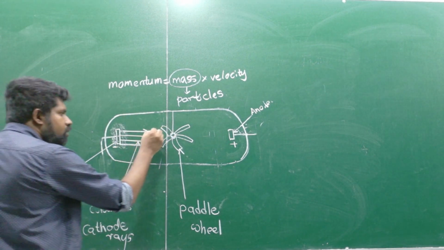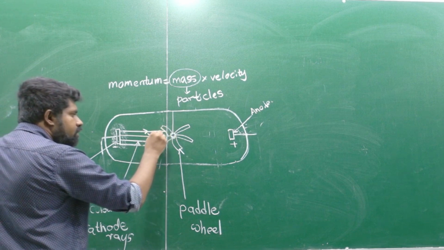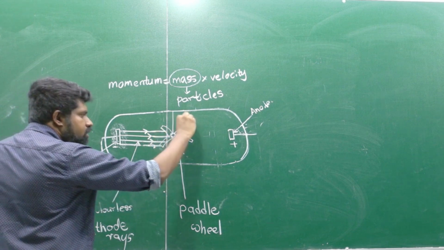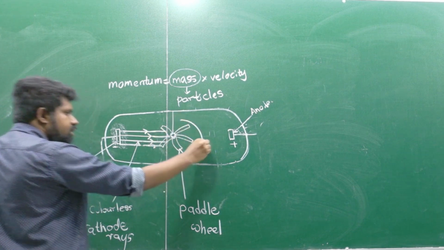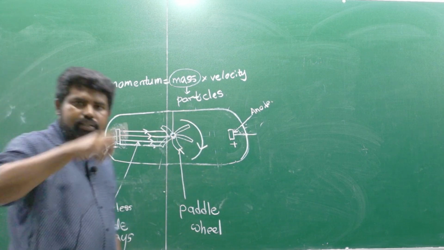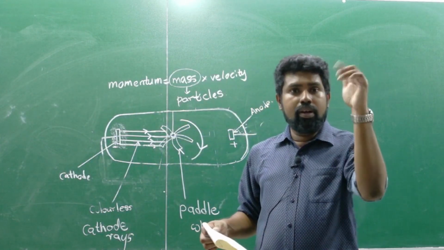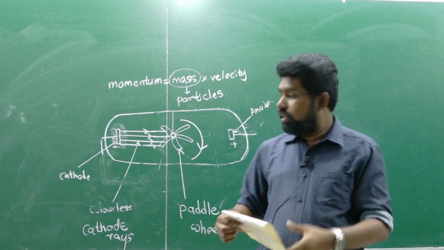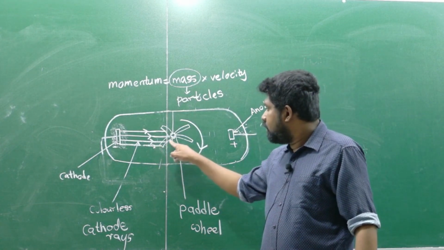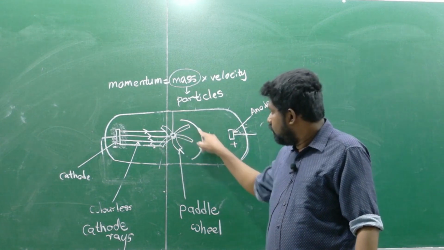When the cathode rays collide on the paddle wheel, it rotates and travels like this.